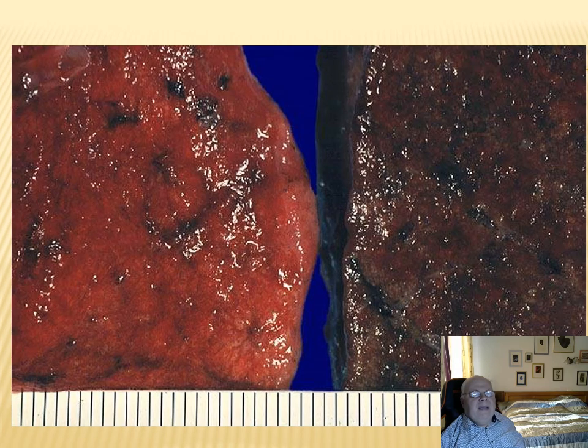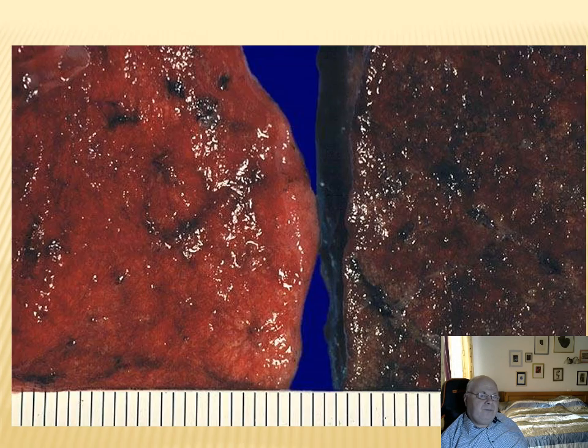This will make the lung, which normally has a spongy consistency on palpation, become much harder on palpation. Obviously at autopsy examination, because only then do we palpate the lung. And this is described by us as a hardening or induration of the lung.